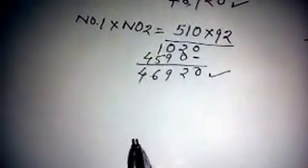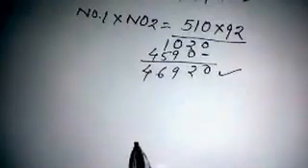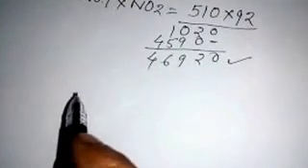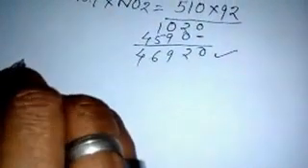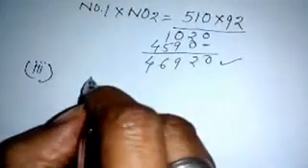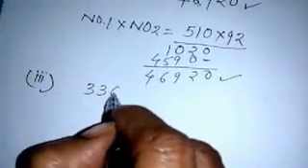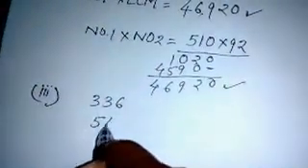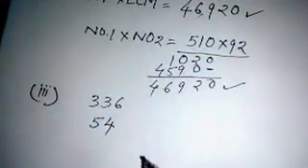Now let's take the third part. The numbers given in the third part are 336 and 54. So let's do it by the same method.